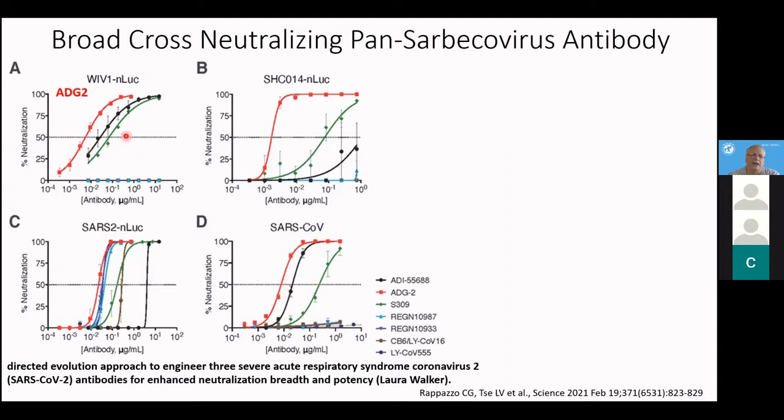When you start looking at high-risk pre-epidemic bat coronaviruses from clade 1 that can replicate in human cells, can use the human ACE2 receptor and cause disease in human ACE2 mouse models of disease, you can see that the ADG2 antibody is a potent neutralizing antibody against both of these bat viruses, while many of these other antibodies like 309, which still has some potency across the panel, has lost over 100-fold of its potency.